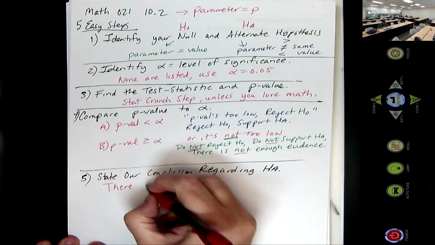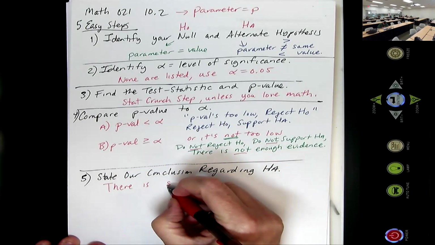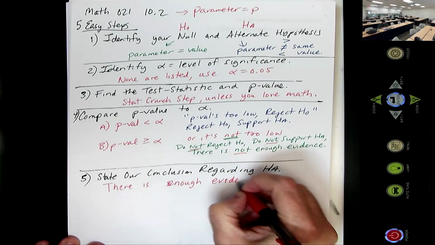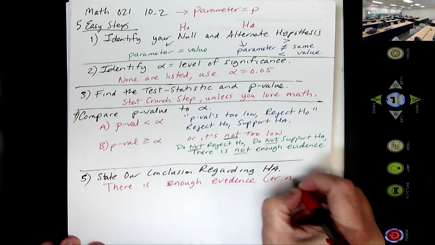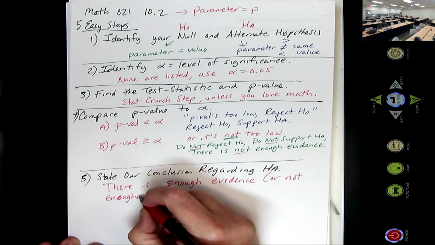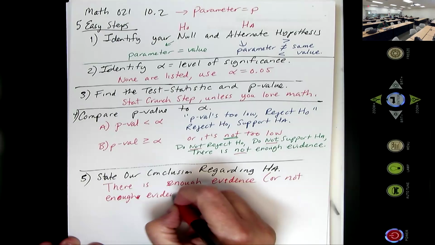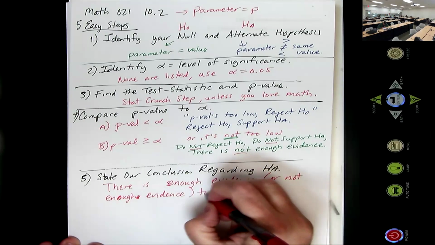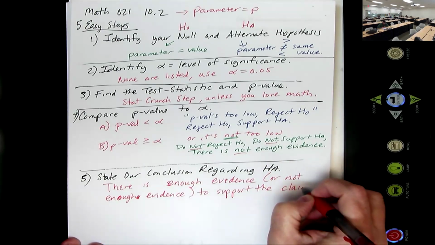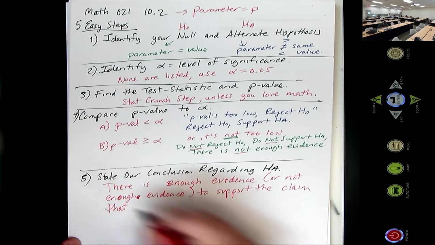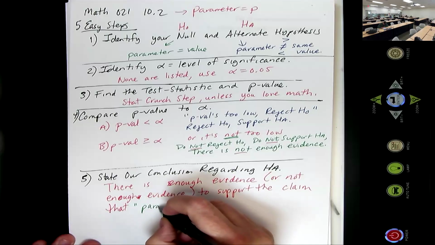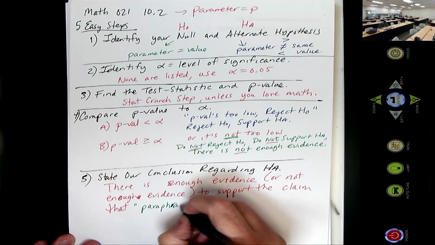There is either enough evidence or not enough evidence to support the claim that, and then you want to paraphrase or copy HA here in English or in a sentence format.